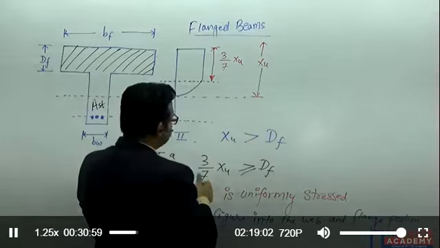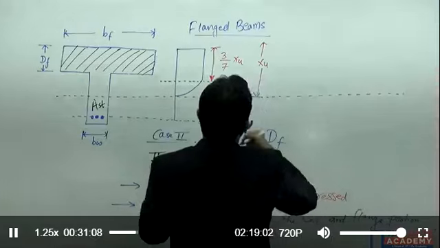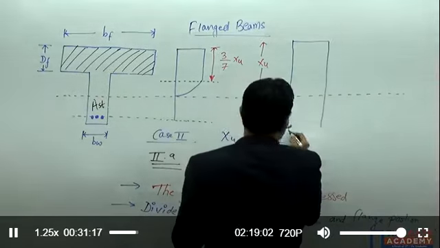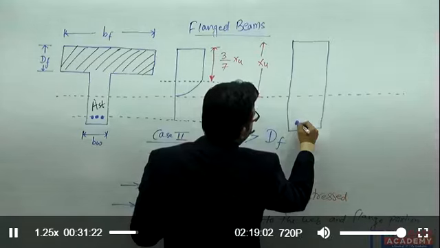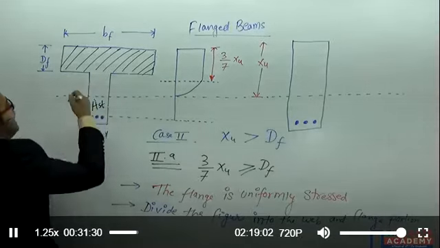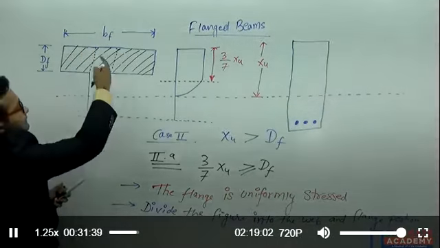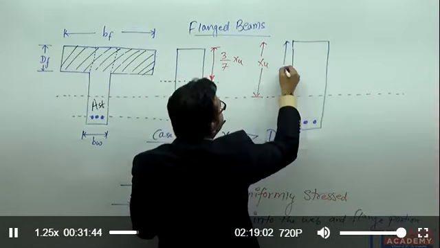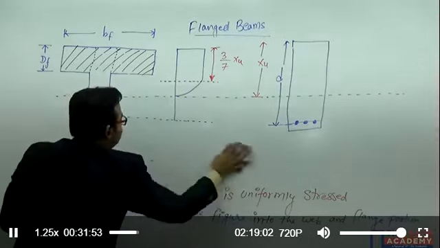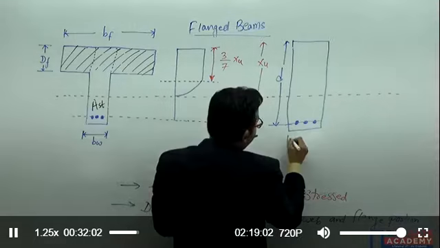So what I am going to do now is divide this into two parts. You can see here, this is your web portion, purely the web portion. I am taking the web portion from the top of the beam, which means from the top of the flange, I am considering the full web. So the total effective depth is suppose D, and this is the web width BW.